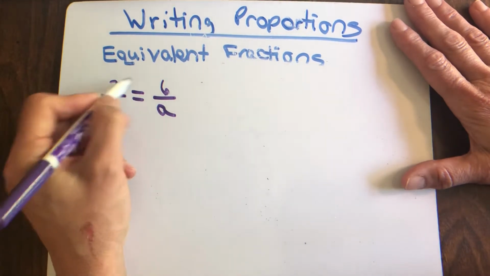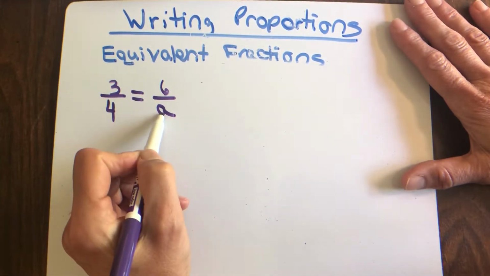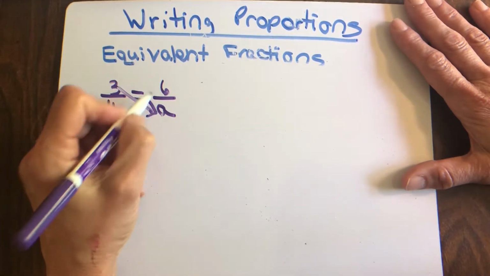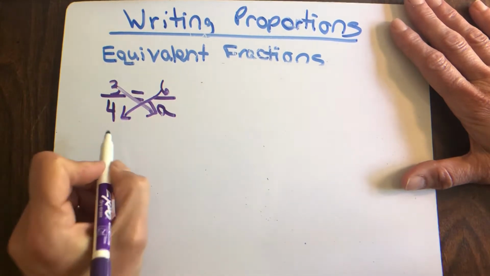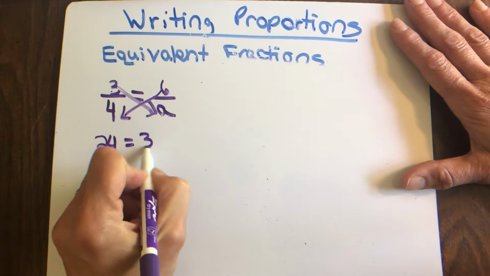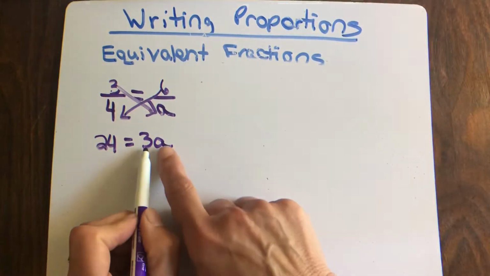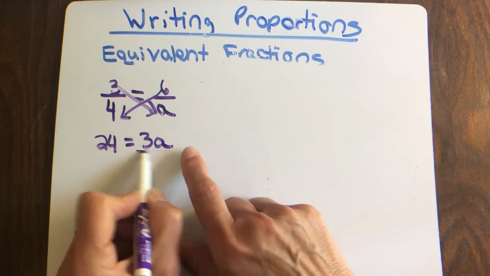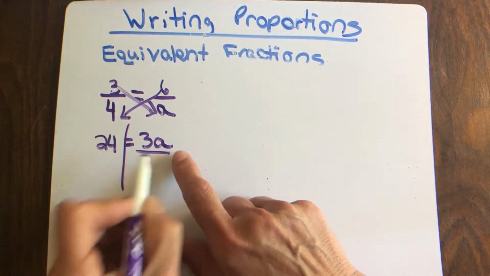So, do you remember when you have two fractions where you have a variable in one of the spots, that you would cross multiply, which is kind of like we did with cross products, and you would get 24, and you would get 3a. And remember, that was multiplication. So when you came over here to solve that, you put your pencil on the variable. You saw it's in multiplication.